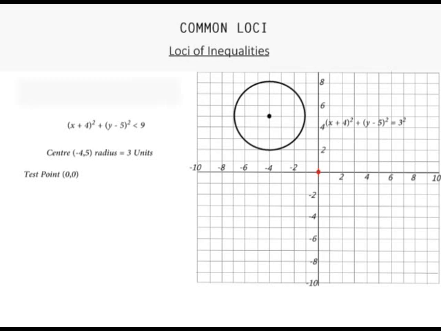If it doesn't, we shade the entire region outside the circle. 0 plus 4 squared plus 0 minus 5 squared is less than 9. 16 plus 25 is less than 9. 41 is less than 9. That is not true, and so we shade the outside of the circle, because the outside of the circle falls within the unrequired or unwanted region.